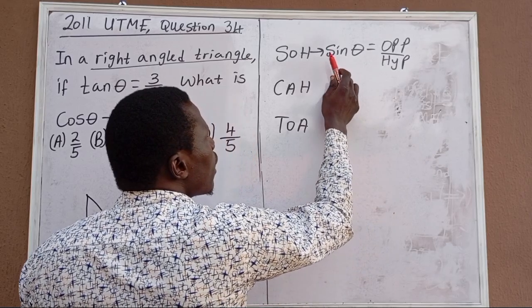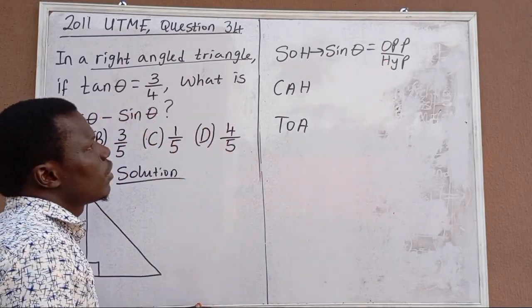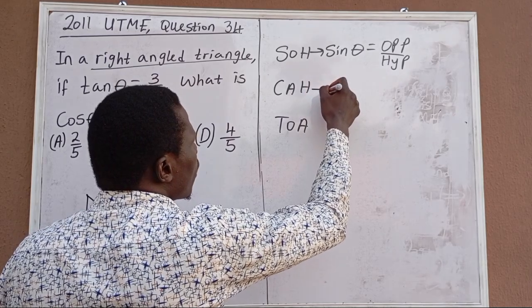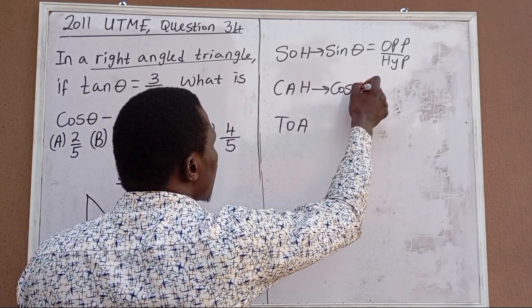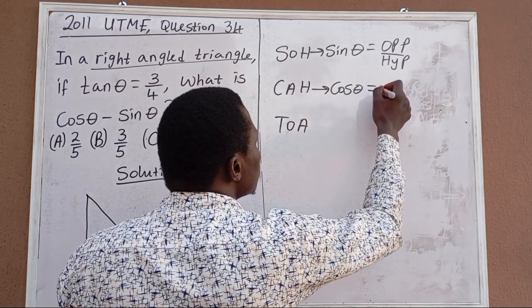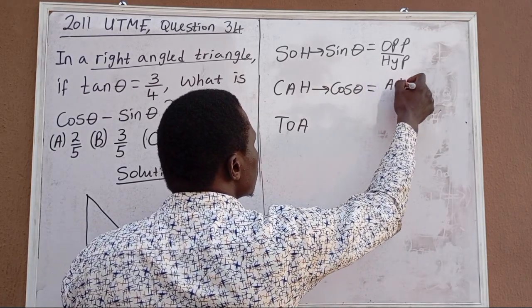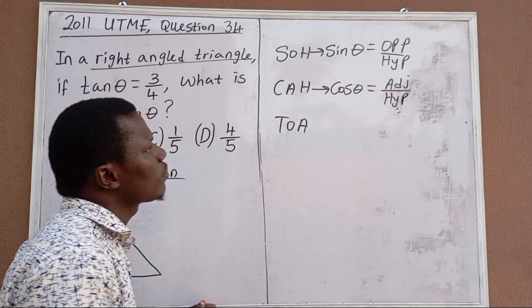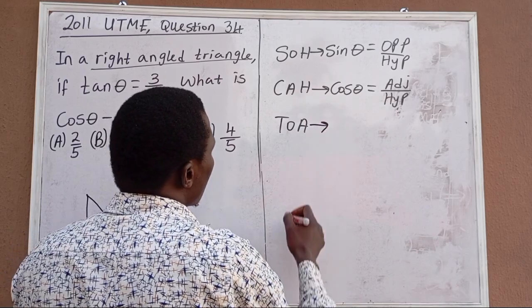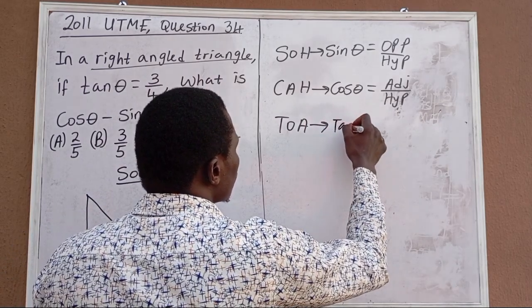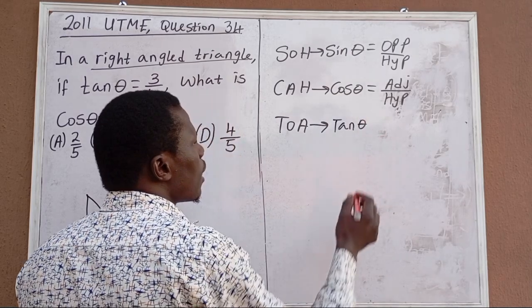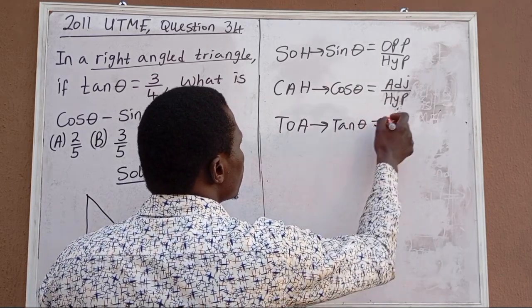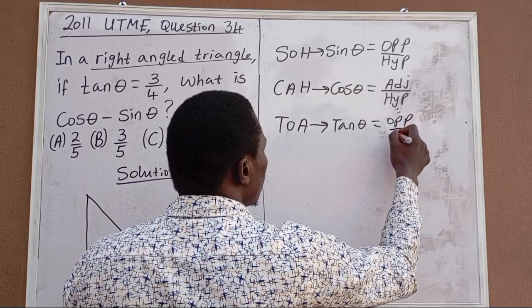So that is why we have SOH. So the next is CAH for cos theta. Cos theta equals adjacent over hypotenuse. And the final one, we have TOA: tan theta equals opposite over adjacent.